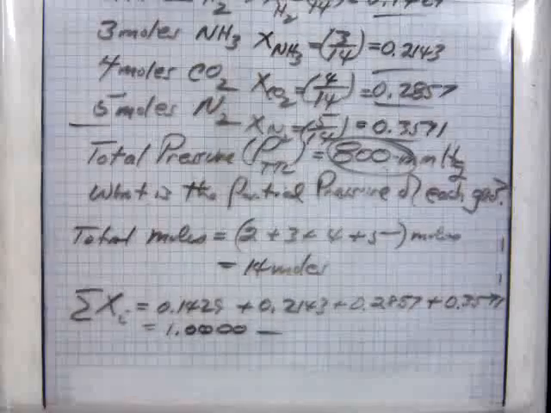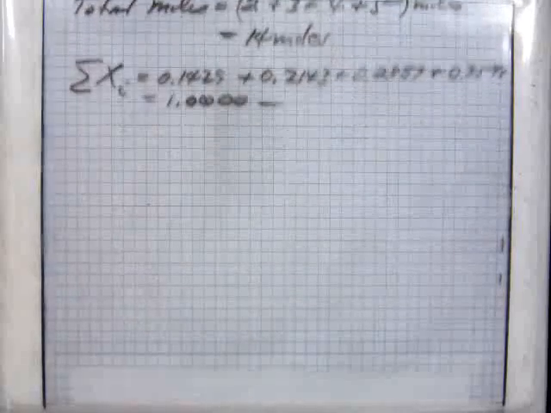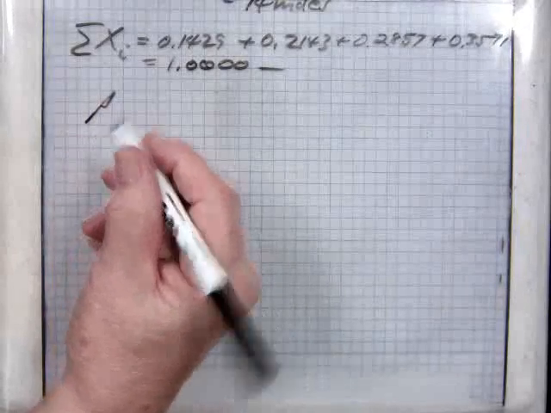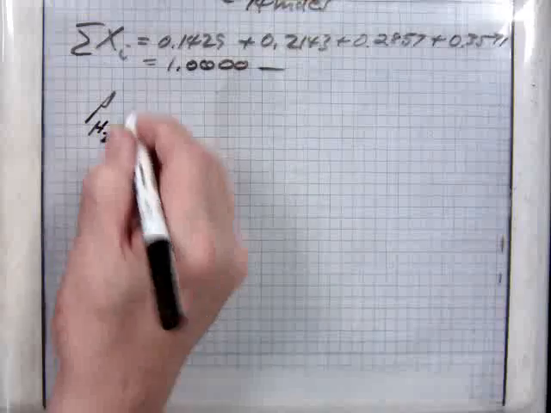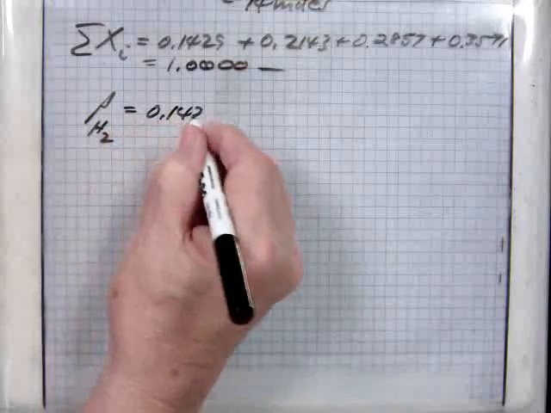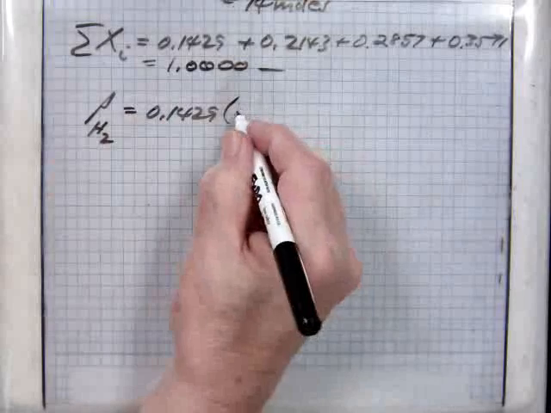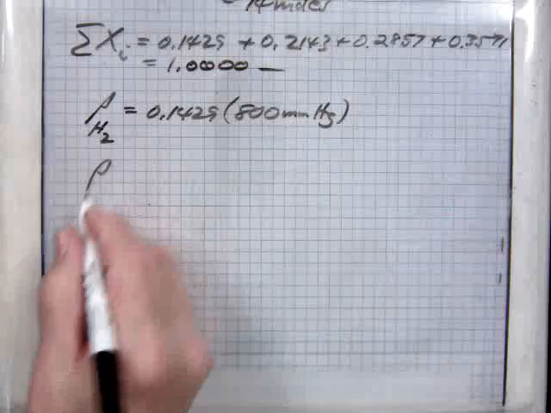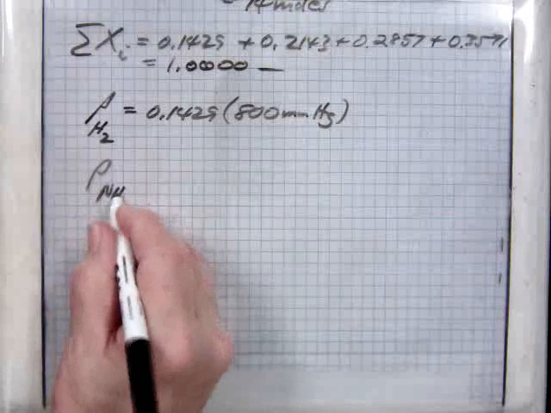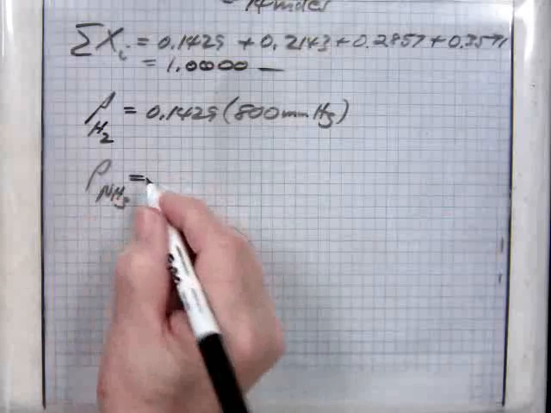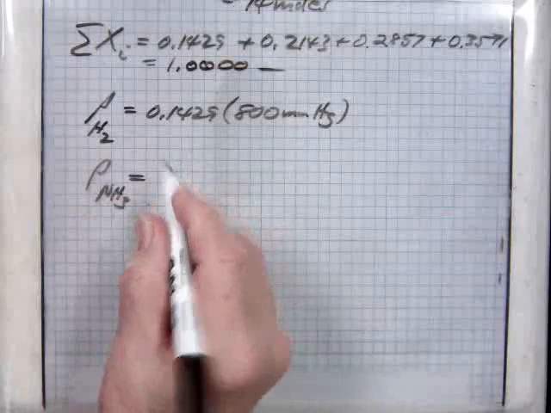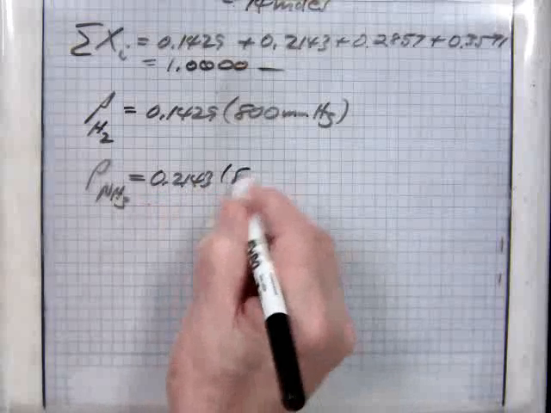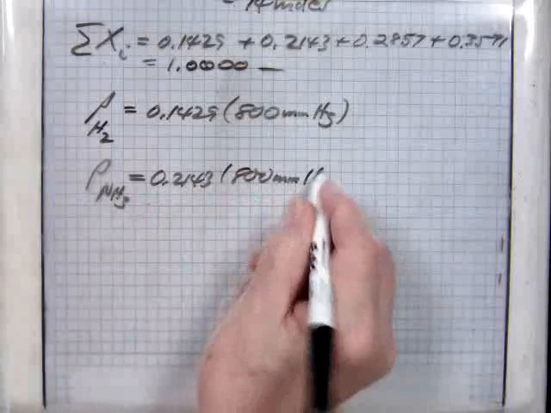So in calculating the partial pressures of each one, we'll start with hydrogen. Hydrogen was 0.1429 of 800 millimeters of mercury. The partial pressure of ammonia equals 0.2143 of 800 millimeters of mercury.